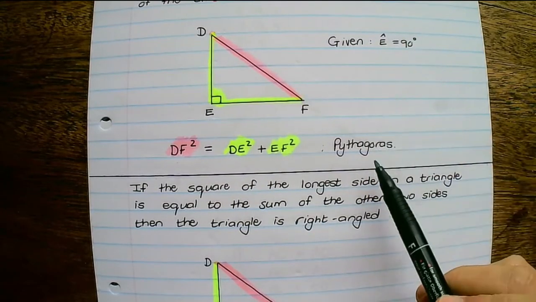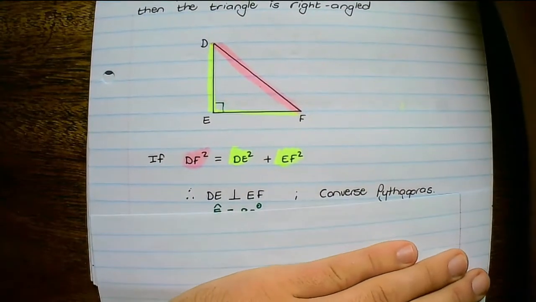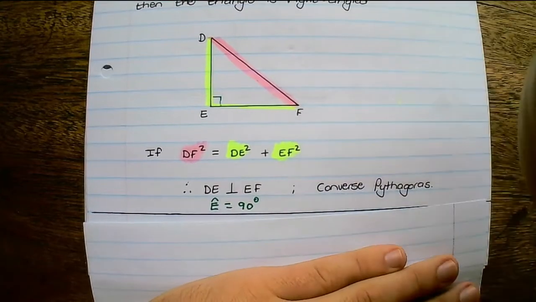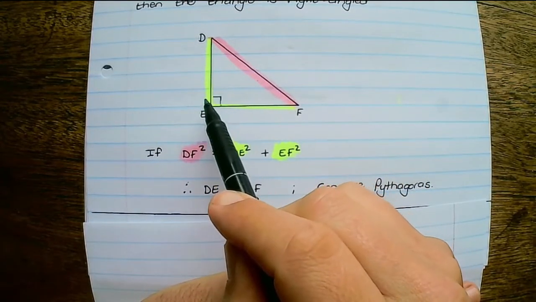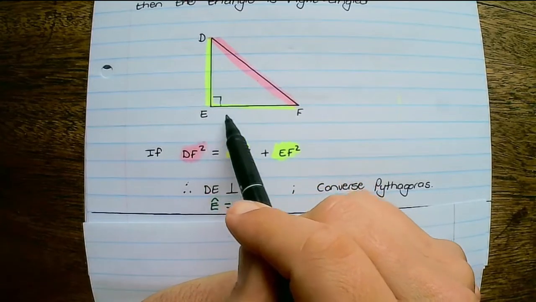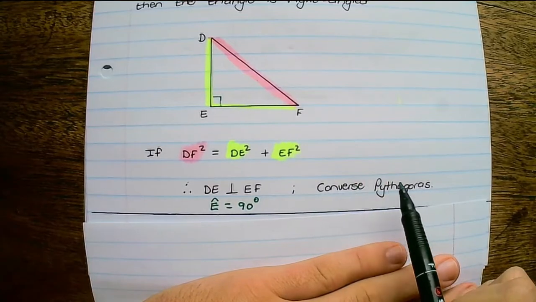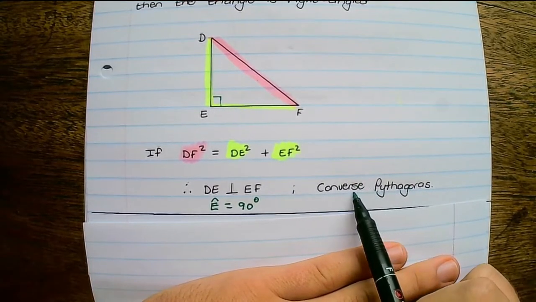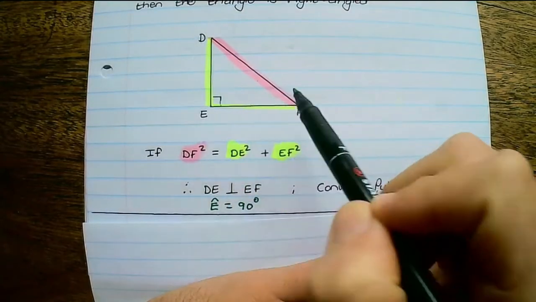Then you say Pythagoras. But in this example, originally we were not given that the angle E is 90 degrees. We are proving that it is equal to 90 degrees. So then we say converse of Pythagoras. So I have proven the theorem of Pythagoras by using the lengths of the sides.